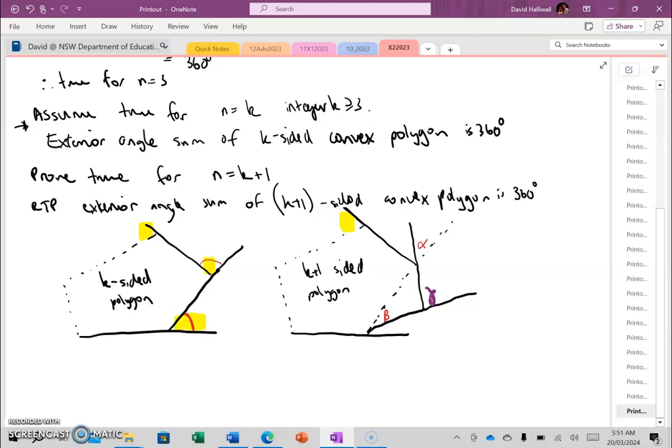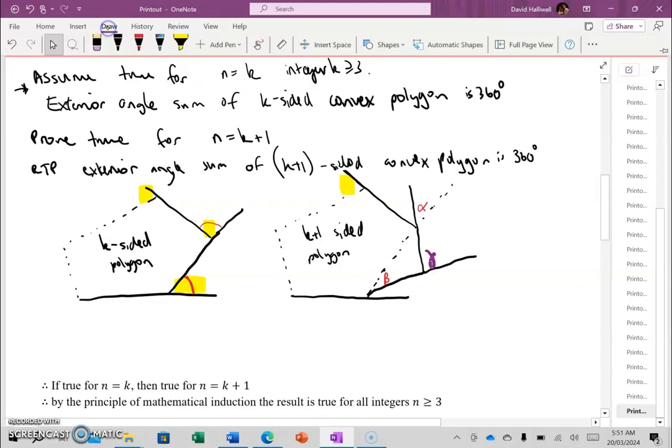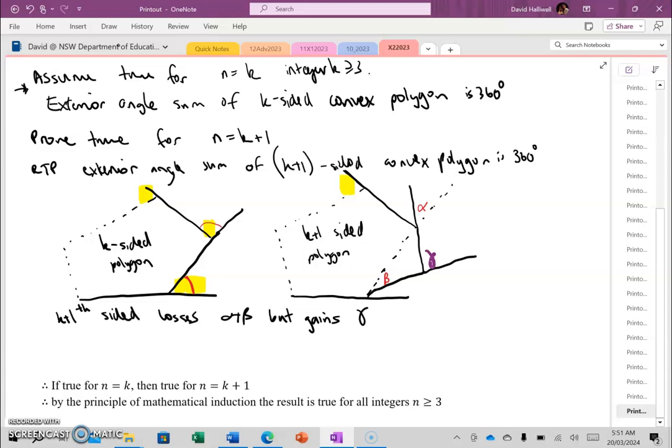Okay, so let's do a little bit of writing. Okay, so k plus 1 sides, it loses alpha plus beta, but gains gamma for the exterior sum.